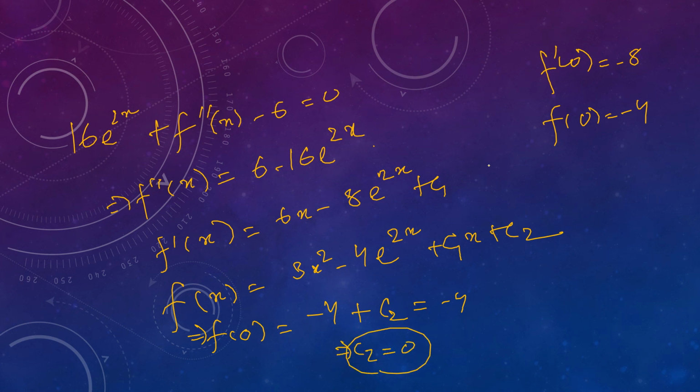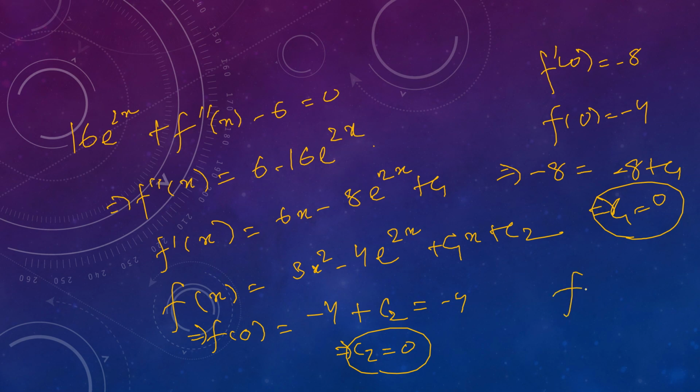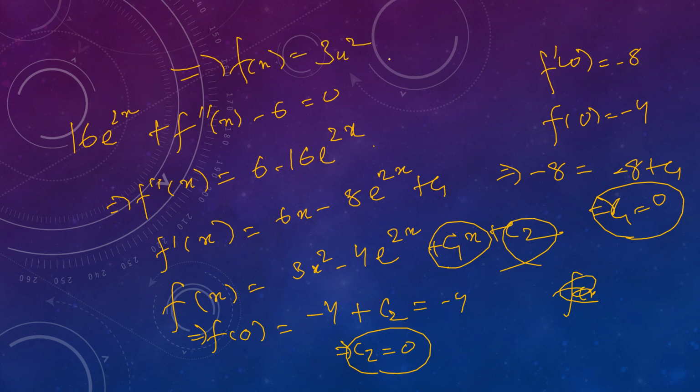F dash 0, so minus 8 is equal to minus 8 plus c1, so c1 is also 0. Yeah, c1 is 0, c2 is 0. So what is f(x) then? Just put c1 0, c2 0, so f(x) will be 3x square minus 4 e to the power 2x.